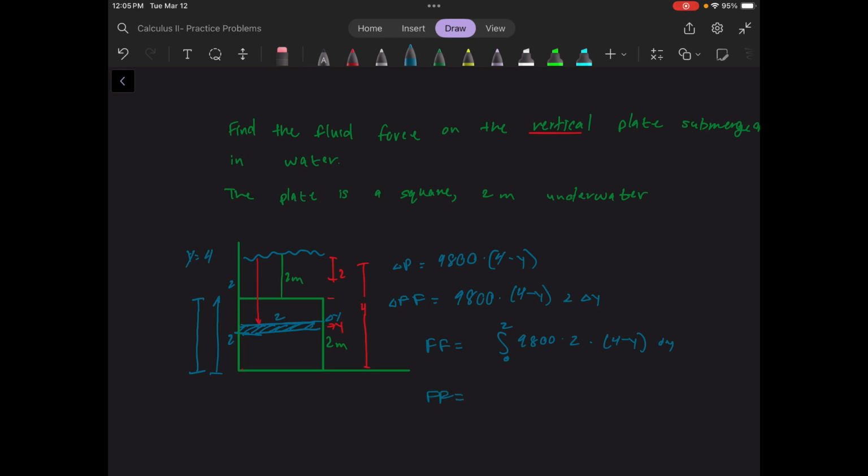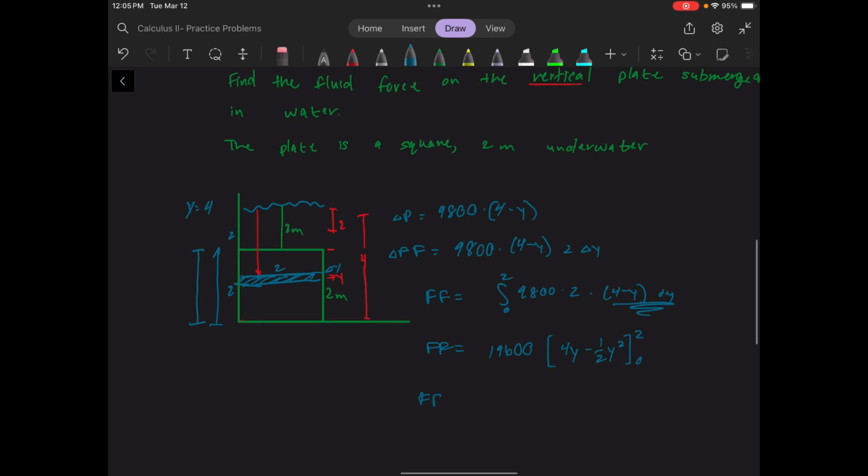So for the fluid force, let's pull out the 2 and the 9,800. That's going to be 19,600. And then we're left with just integrating that 4 minus y dy. So that'll become 4y minus 1/2 y squared. We're evaluating that at 2 and 0.